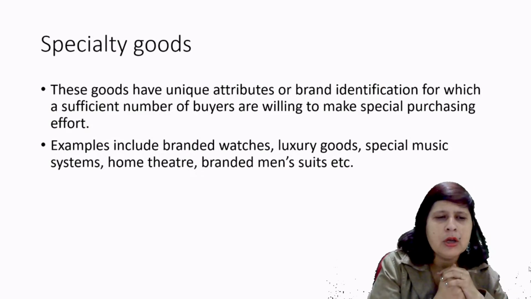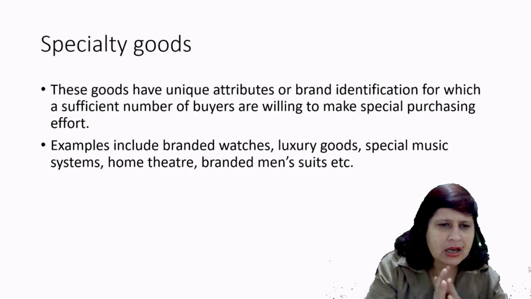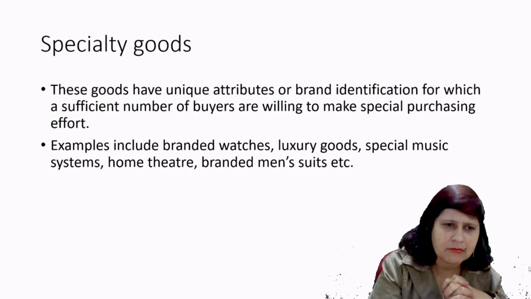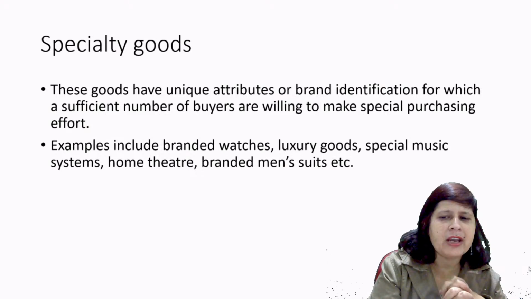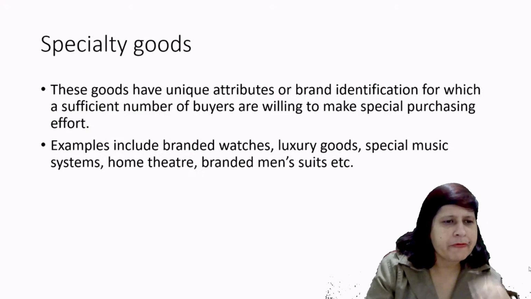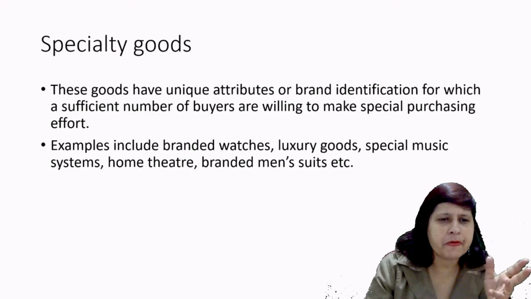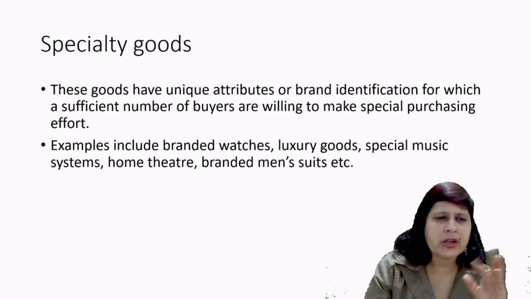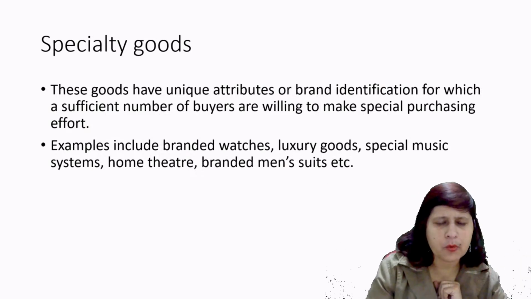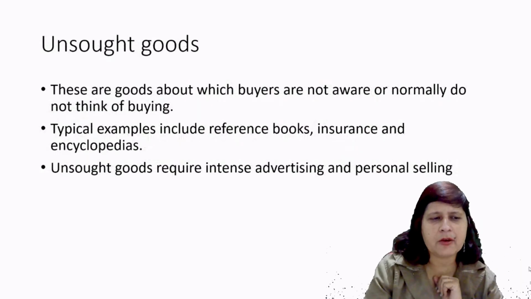If you want to purchase a luxury car, you will compare and contrast the products, right? You will go with a brand, and you will prefer to spend some time before deciding what type of product, or with which brand you would like to go, right? These are known as specialty goods.